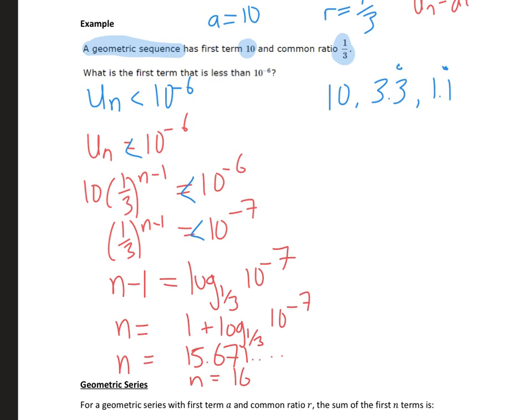Now that's why I chose to use equal signs, because when I do logs, if the base is bigger than 1, the inequality stays the same. But if the base is less than 1, the inequality sign flips. So I get that n is bigger than 15.671, so therefore n equals 16.